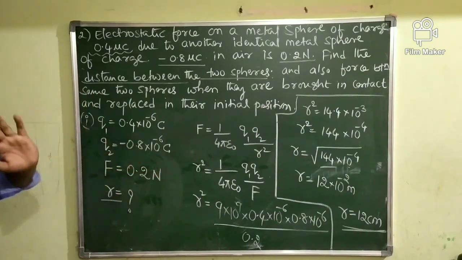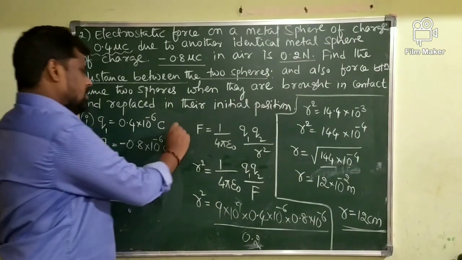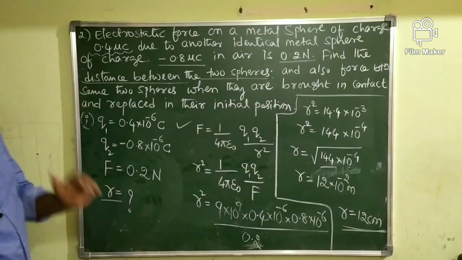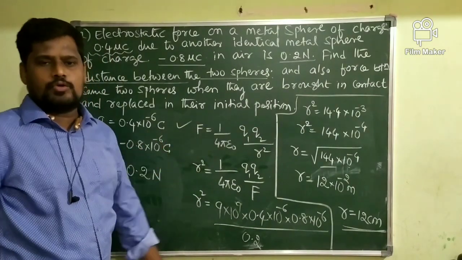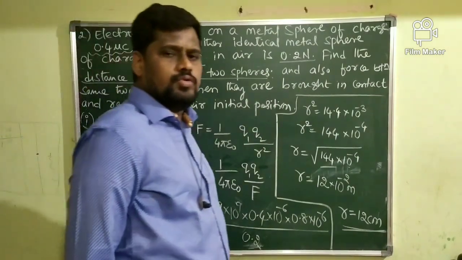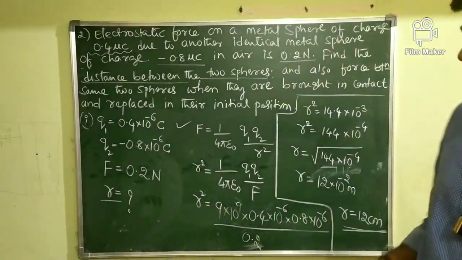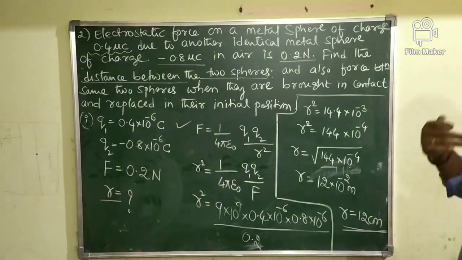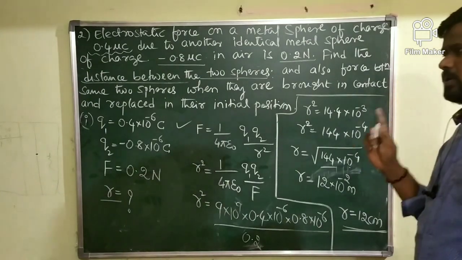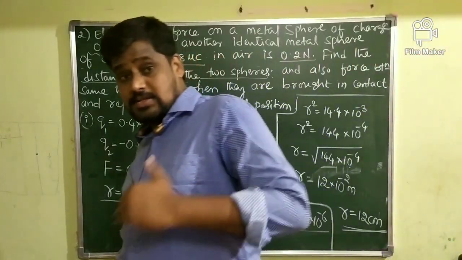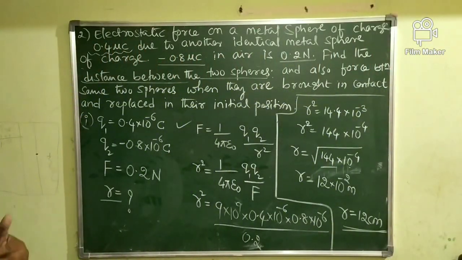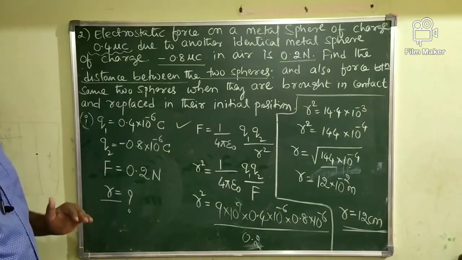The distance between the two spheres we have calculated by using what? Coulomb's law. The final answer is found to be R equals 12 centimeter. This is the simplest part of the example.